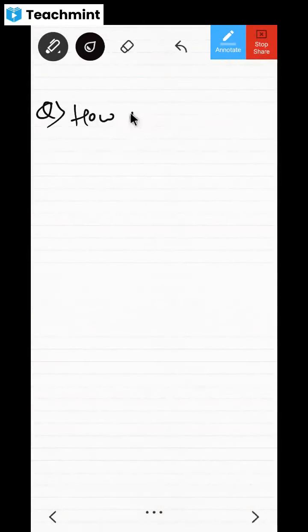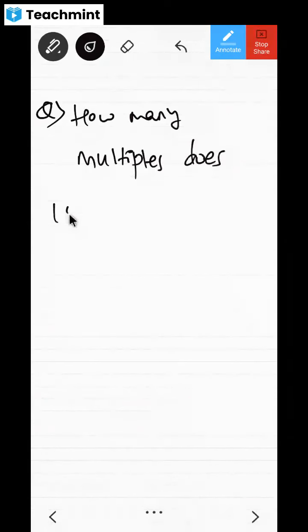How many multiples does 10 have? 10 has infinite multiples. Infinite multiples are there.